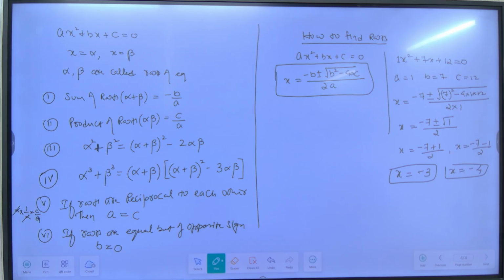B will not exist. That means the equation will be ax square plus c. So ax square is equal to minus c, x square is equal to minus c by a, and x is equal to under root of whatever c by a is, with plus and minus sign.